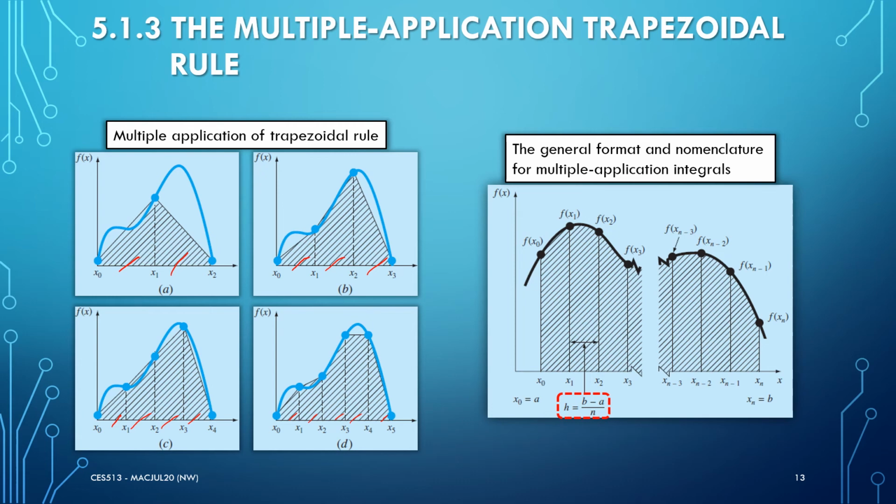The next figure, on the right side of the slide, is the general format and nomenclature that we'll use to characterize the multiple applications of the integral. So there are n plus 1 equally spaced points, with the width of h equal to b minus a divided by n.